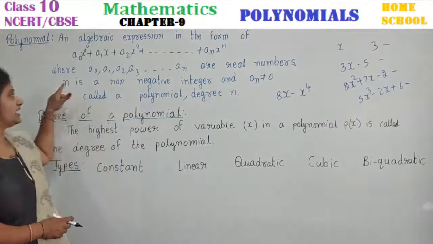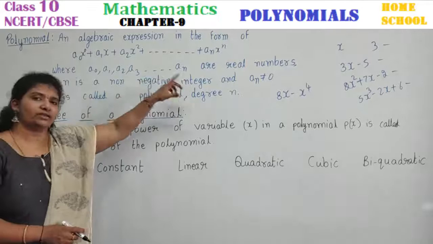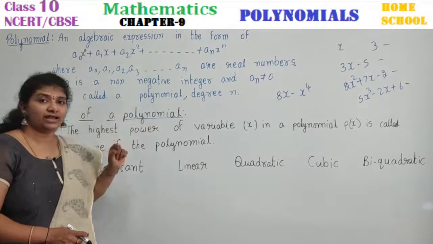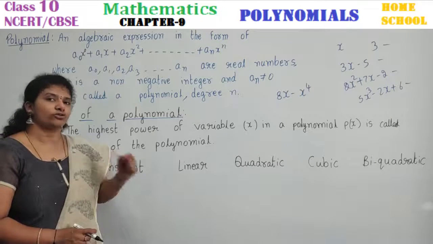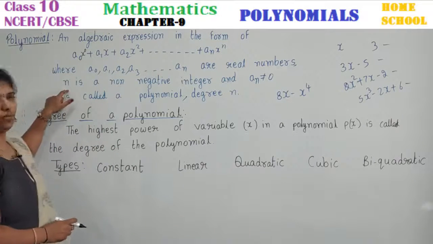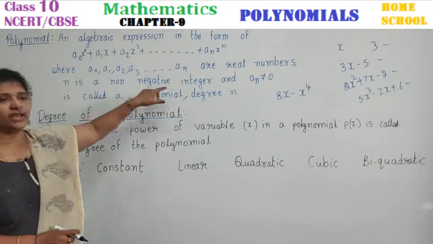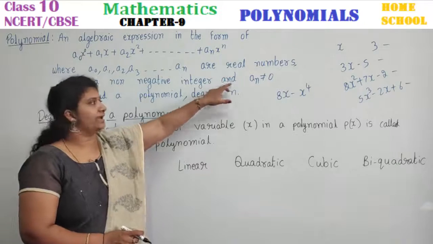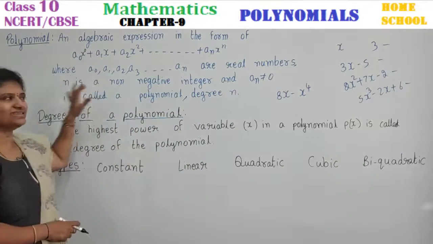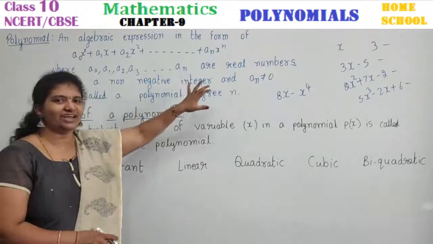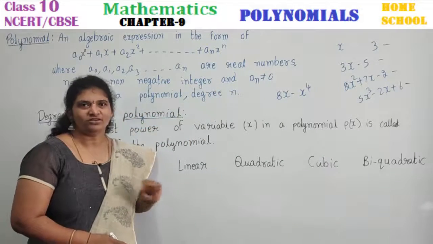What are all these, a0, a1, a2, a3, so on up to an? These are all real numbers, also called the numerical coefficients, where n is a non-negative integer and an can never be 0.